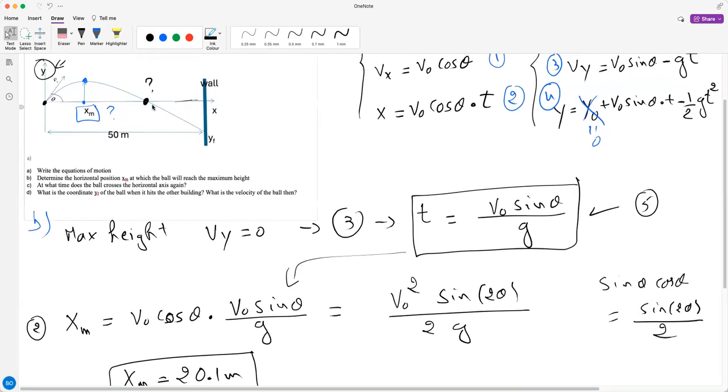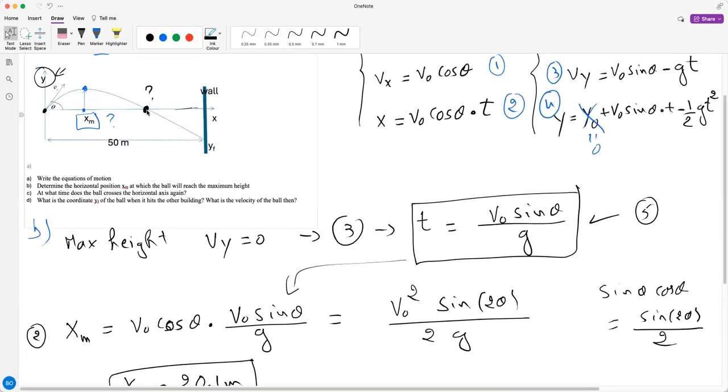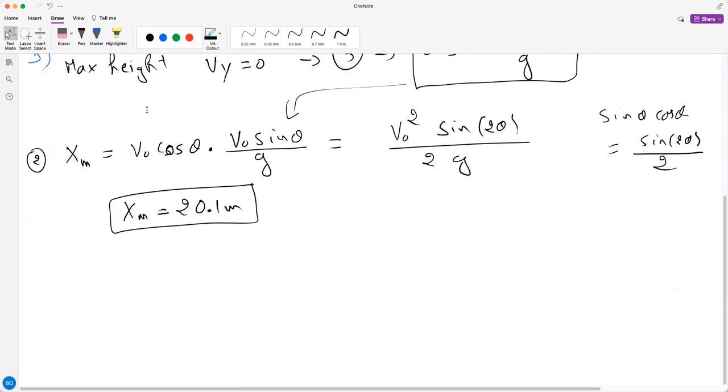At this position, we can easily see that the y position is equal to 0. So for question C, we need to solve the equation y equals 0.